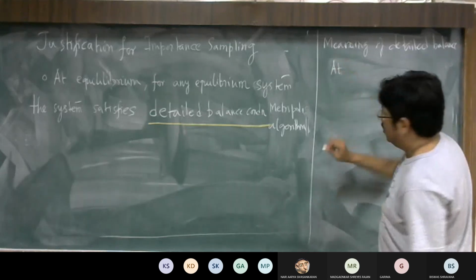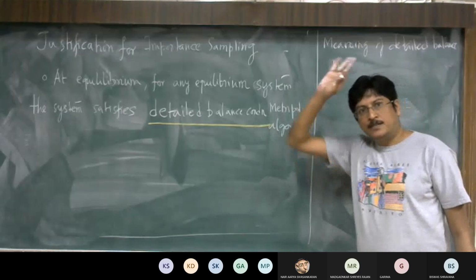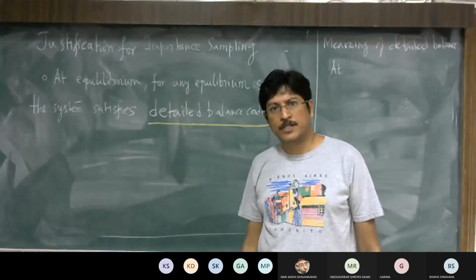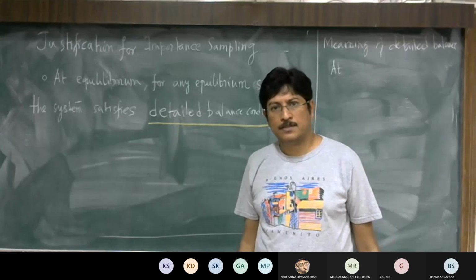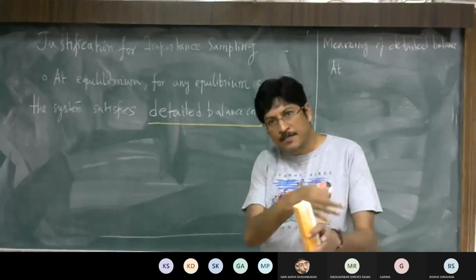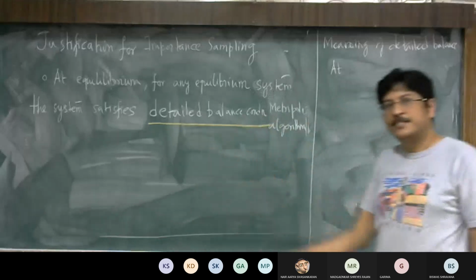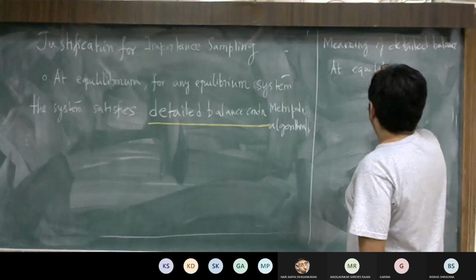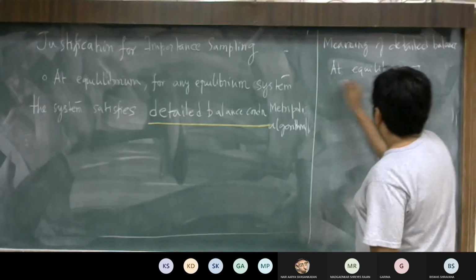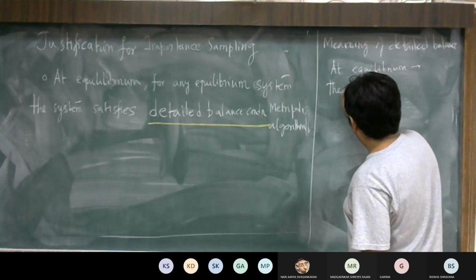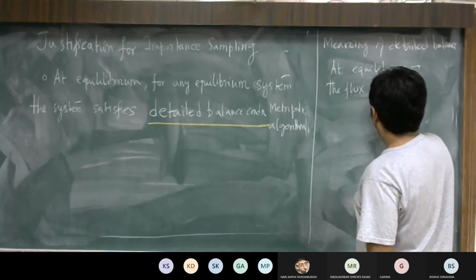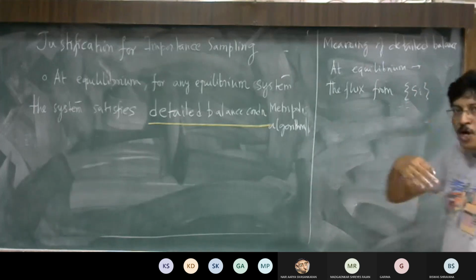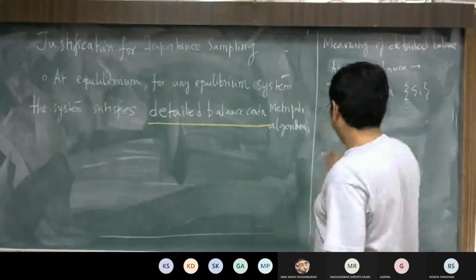At equilibrium, what it is saying is that the initial configuration that you had started off with right at the beginning of the simulation, remember, is not an equilibrium sample. An equilibrium sample is when you have done the dynamics, the claim is that it has reached equilibrium, and if it has reached equilibrium, at equilibrium, if you look at the current, the flux from any configuration, that means you look at any particular spin configuration.